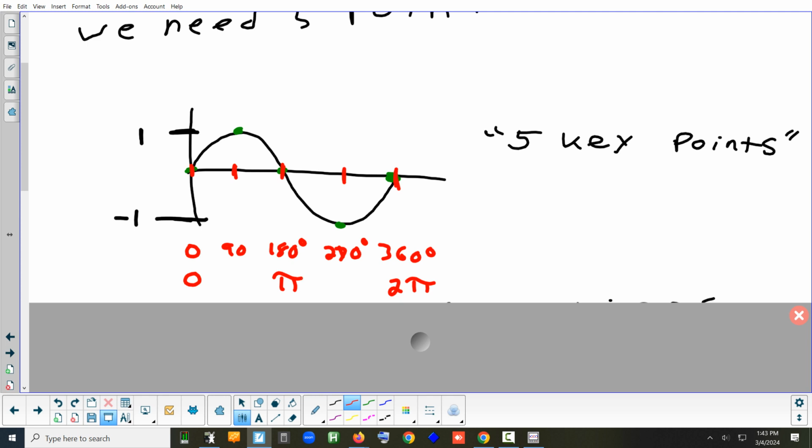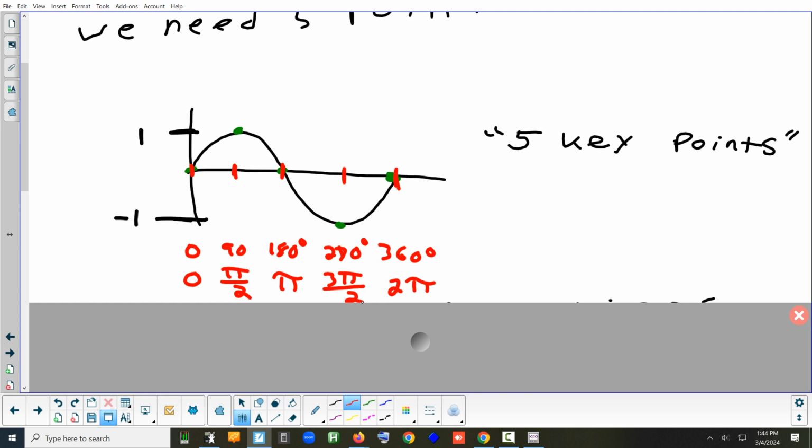Half pi, yeah, or pi over 2. And how about 270 degrees? Three pi over 4. And a hint would be, what do you multiply 90 by to make it 270? Multiply it by 3. So what's that times 3? 3 pi over 2. 3 pi over 2. Yep.